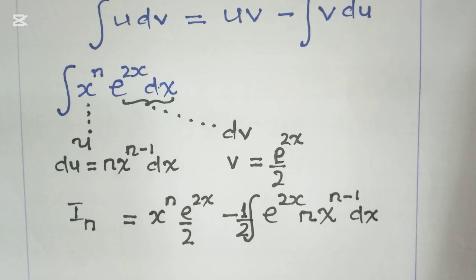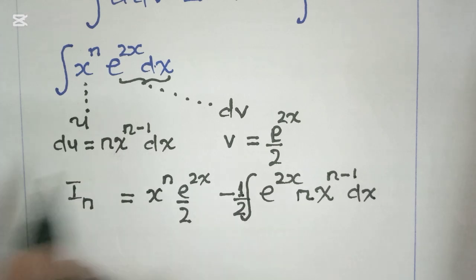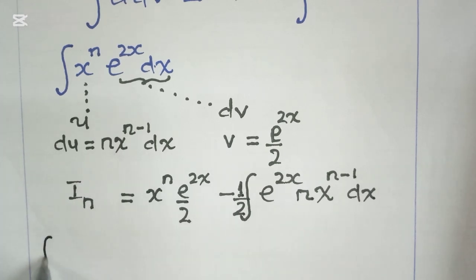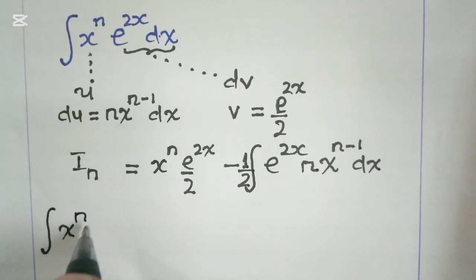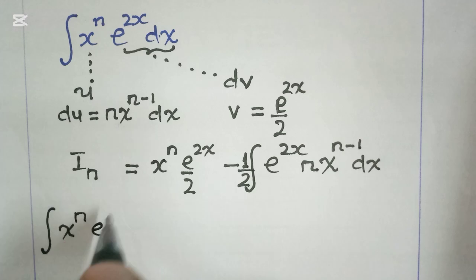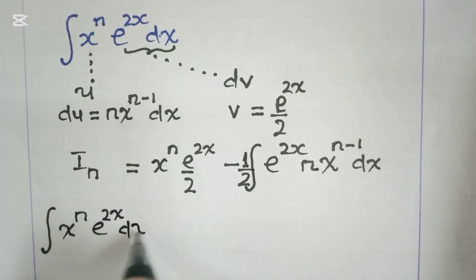So guys, let me come and now rearrange my equation. We shall have I_n, or rather let me just write the equation here: the integral of x raised to n e raised to 2x dx, like that.